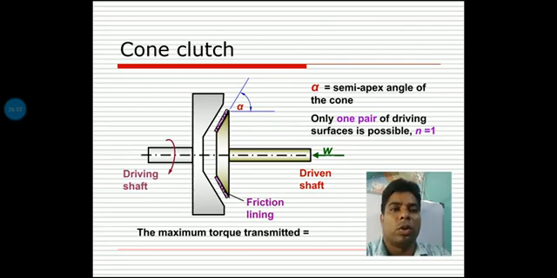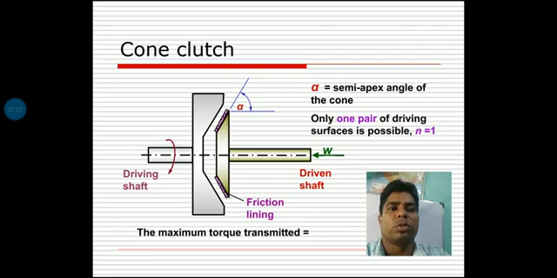So only one pair of driving surfaces is possible. That's why the total number of contacting surfaces is one, and that contacting surface means the inclined surface of the driving shaft portion body.